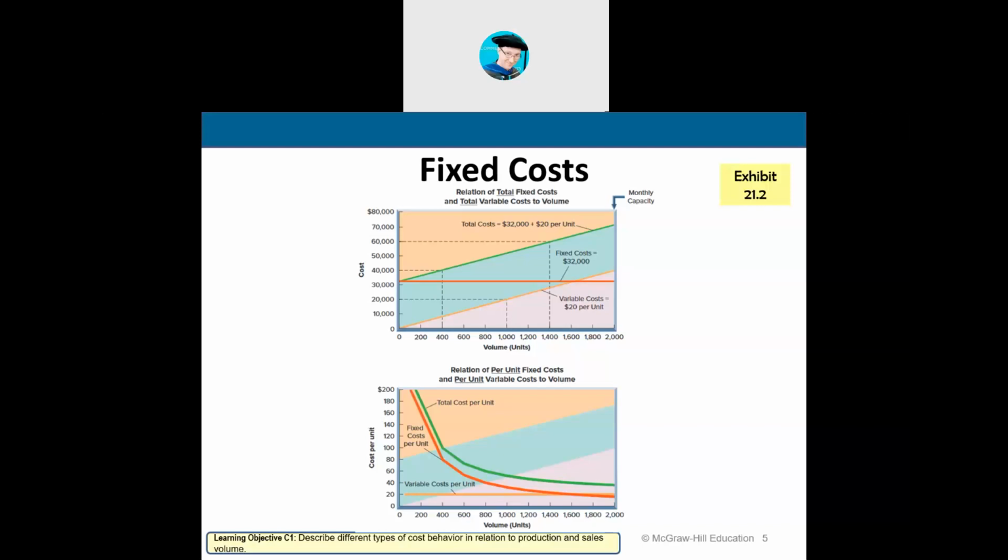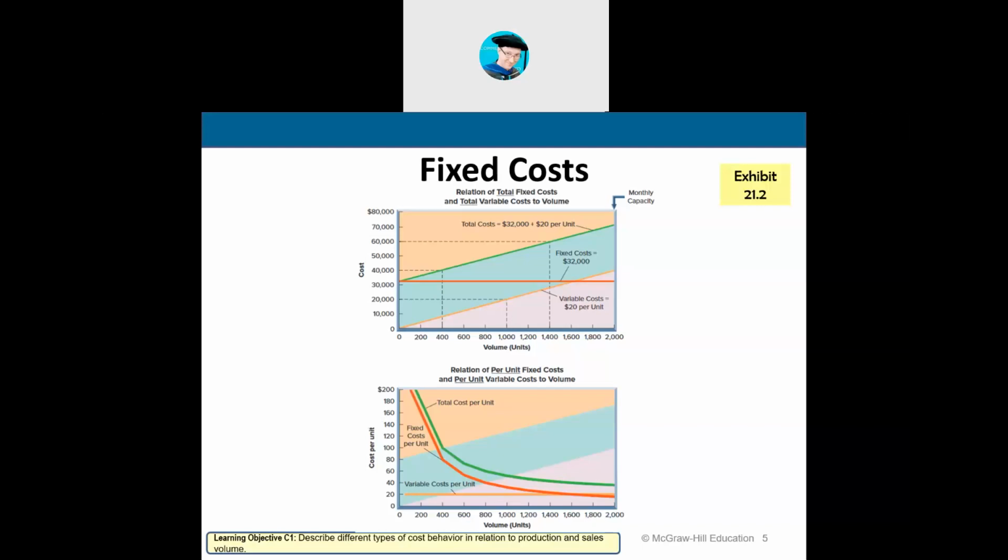That's what makes it a fixed cost. Fixed costs stay the same regardless of the level of output. My salaries don't go up because I'm selling more, they stay the same. So, fixed costs are the costs associated with the product that do not change over time.